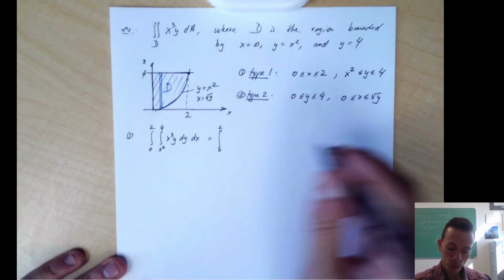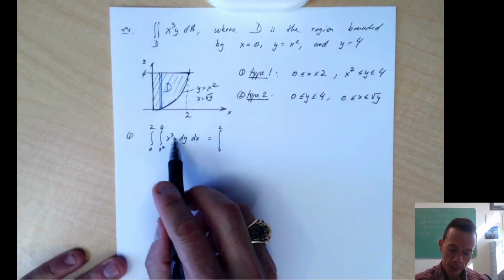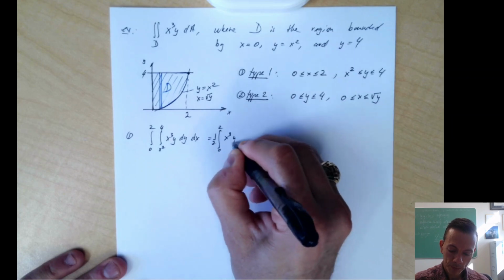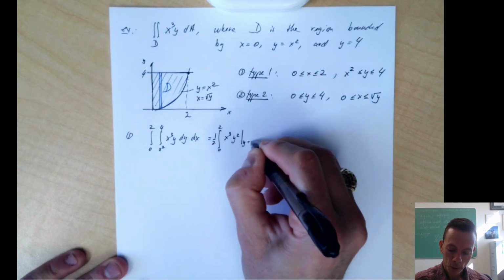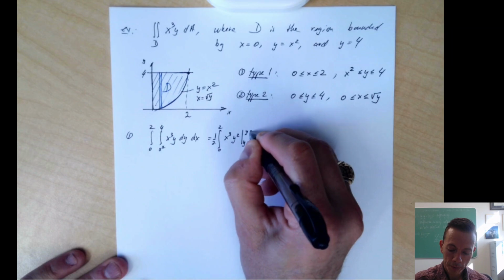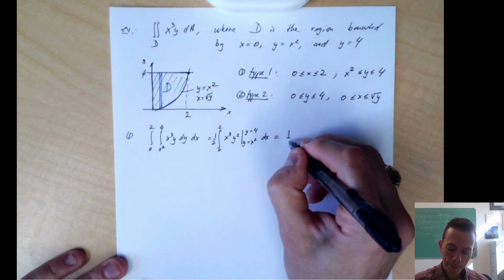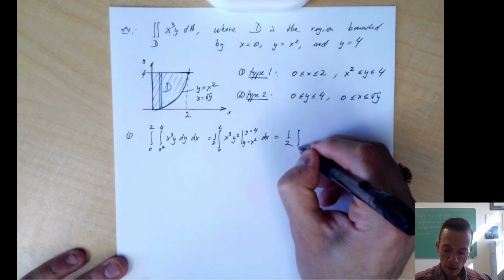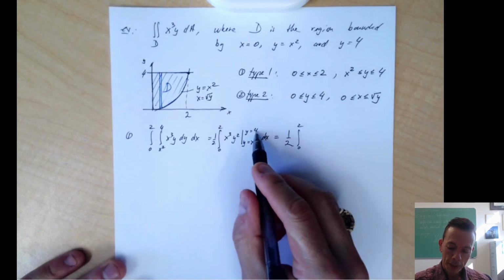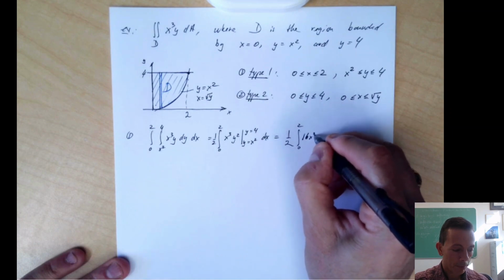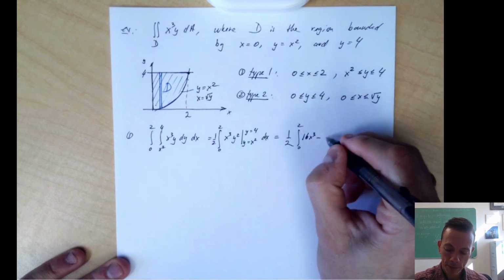So in this case, if you integrate in y, you get y squared over 2, when y goes from x squared to 4. So plugging in y equals 4, we obtain 16x cubed minus x to the 7th.